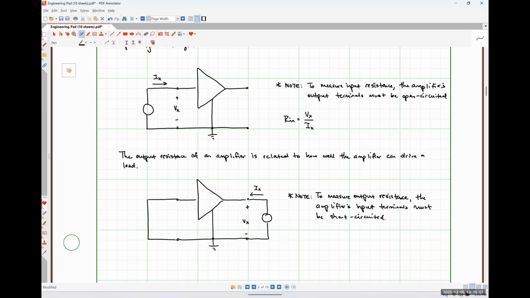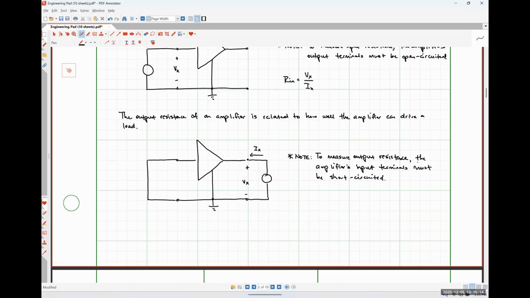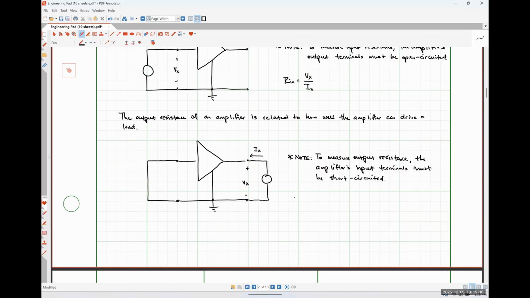So we just short those input terminals out to make sure that the resistance on the input side of the system is literally just 0 so that it doesn't influence our measurement. And once again, the resistance that we're going to find here is just the ratio of that voltage Vx to that current Ix.